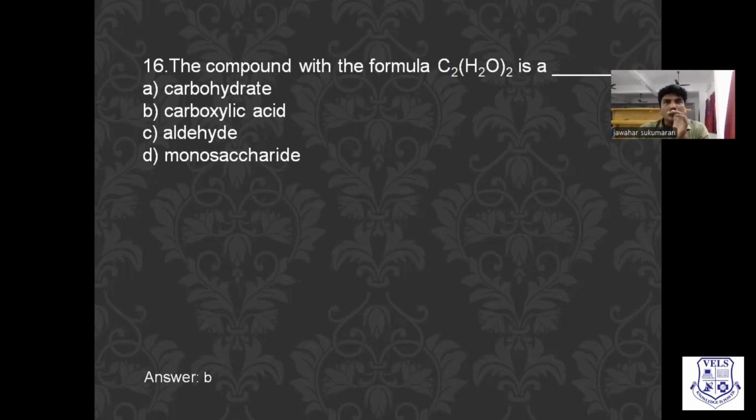It is a carboxylic acid. This is one of the general formula definitions of carbohydrates. So the answer is carboxylic acid.